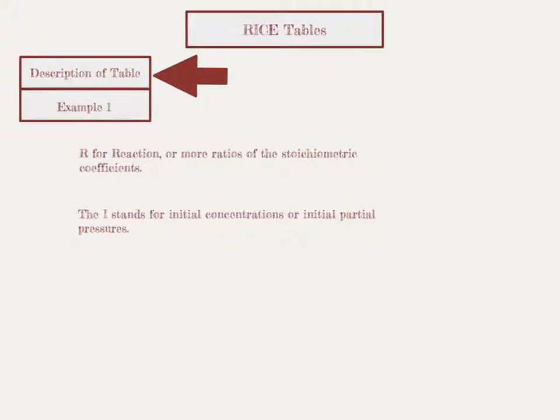The I in rice stands for initial concentrations, or initial partial pressures, but never moles. The C in rice stands for change of concentration or of partial pressures. And finally, the E in rice stands for equilibrium concentrations or equilibrium partial pressures.